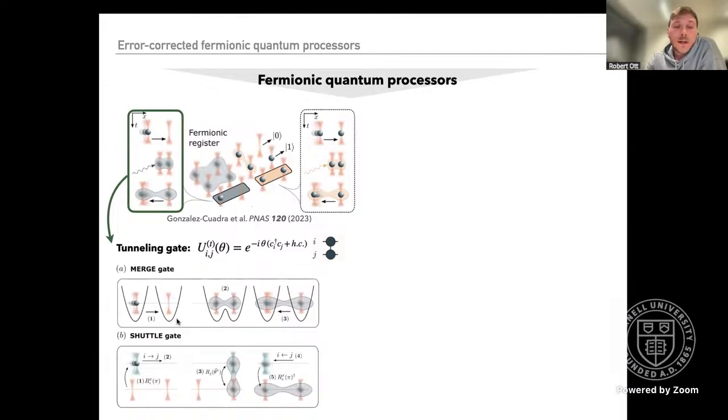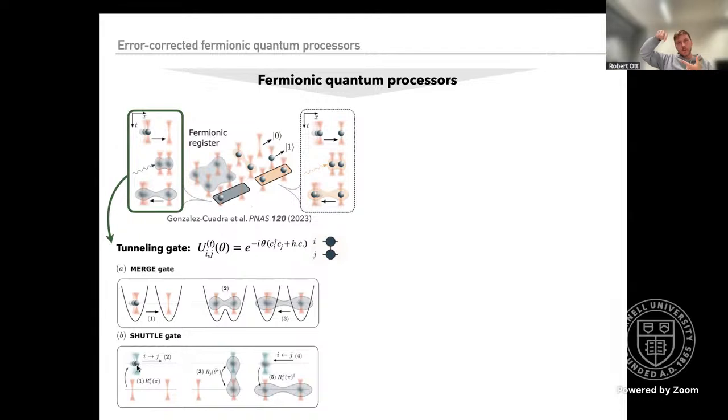And there are different ways you can think about that. For instance, you can actually physically merge the two tweezers and you tunnel them and then you separate the tweezers again. But you might also use different kinds of tricks. You might use a set of storage tweezers and a transport tweezer. And then you can basically load the atom from a storage to a transport tweezer.